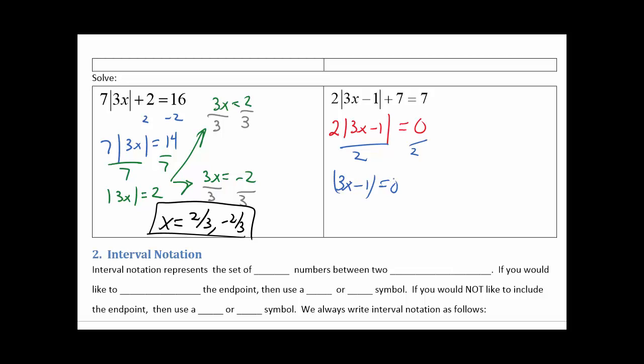Now, it's non-negative, so I know there is a solution, but because it equals 0 in this particular case, I don't have to stress too much about a positive-negative component, because positive 0 and negative 0 are both 0. So I can drop the absolute value, set it equal to 0, and then solve. So we get 3x equals 1, so x is 1/3.